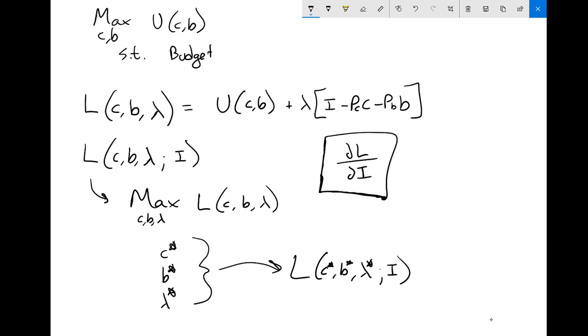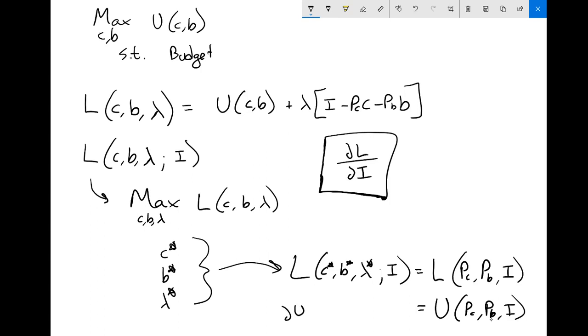I'd have to take these values, plug them back into the Lagrangian, and then end up with a Lagrangian function that is a function purely of the parameters. And as I just showed you in the last solution, this would be equivalent to the utility function at the parameters. Okay, so that's what I would have to do. I'd have to solve all of this and then take the derivative of that utility function with respect to I. If I wanted to know how does income affect the utility, I would have to go through all of those steps.